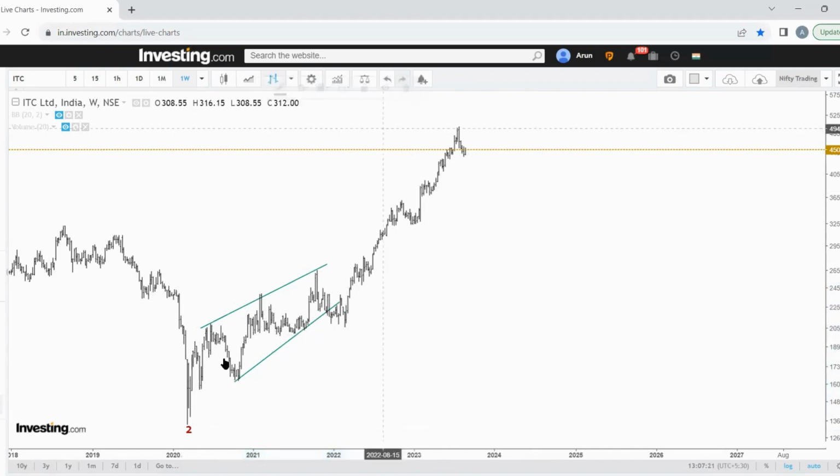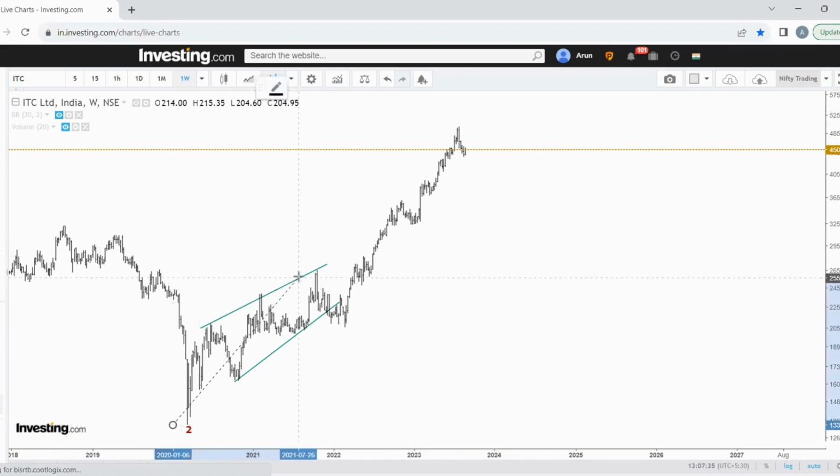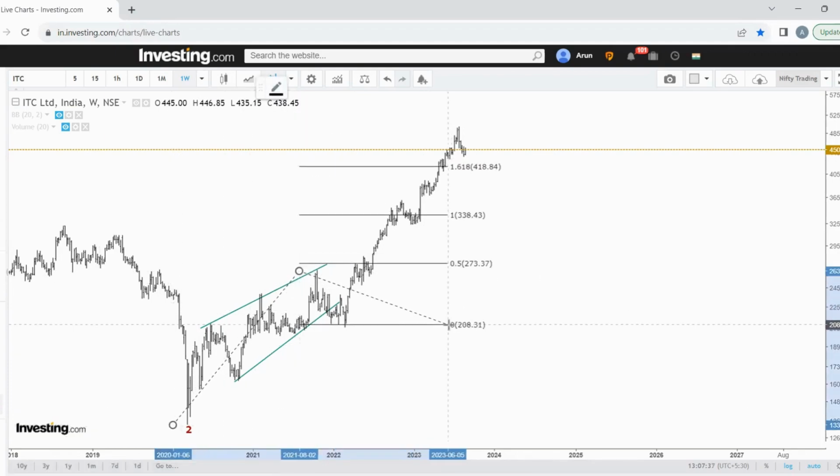So this is 1 2 3 4 5 and 2, and this is 1 2 3 4 5. Probably the third wave has been completed. Let's check.